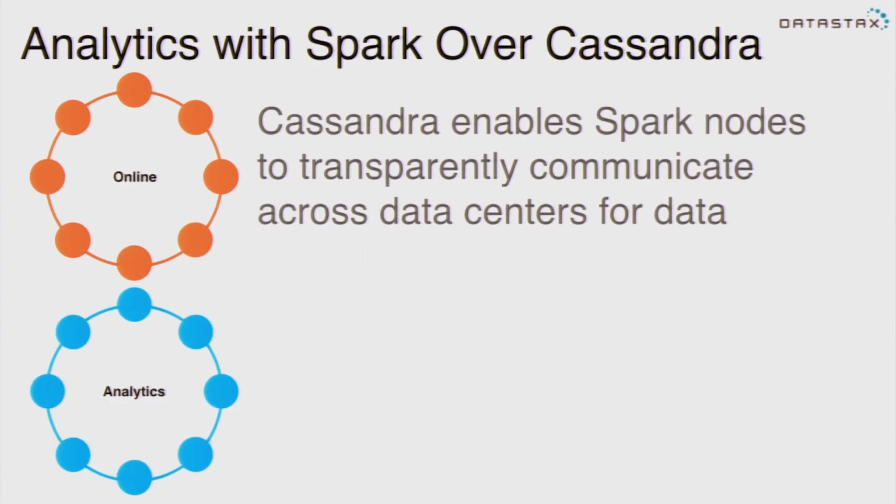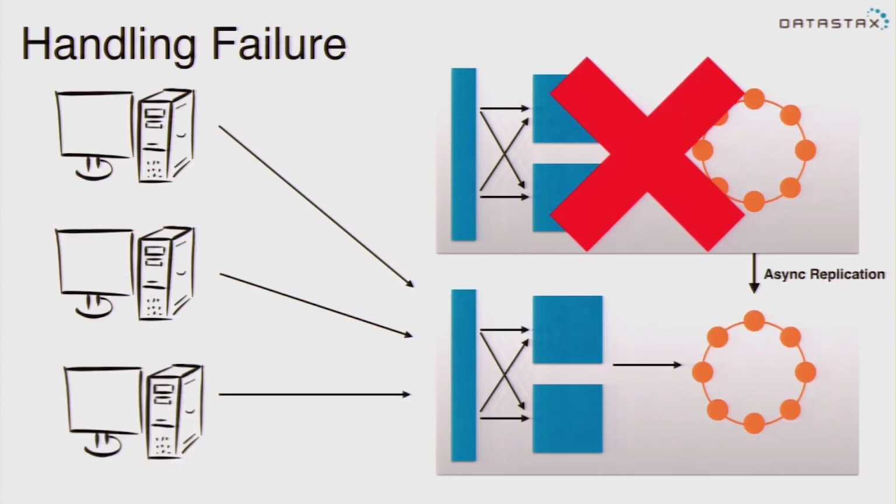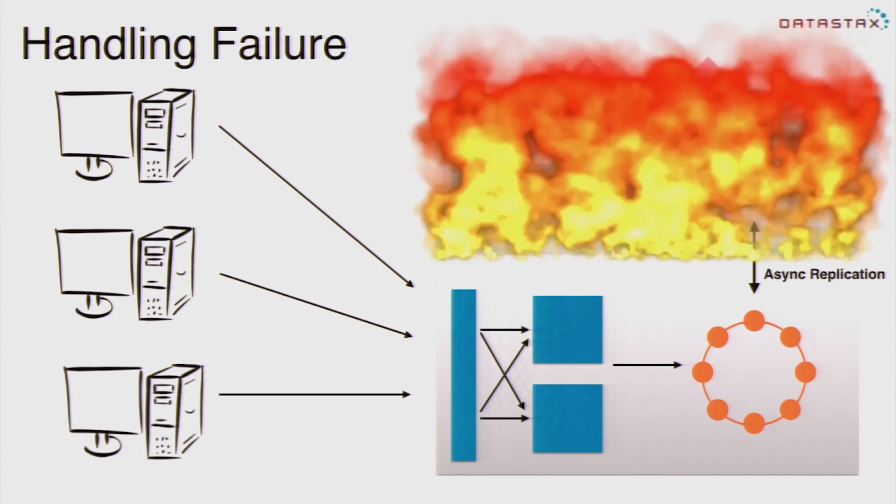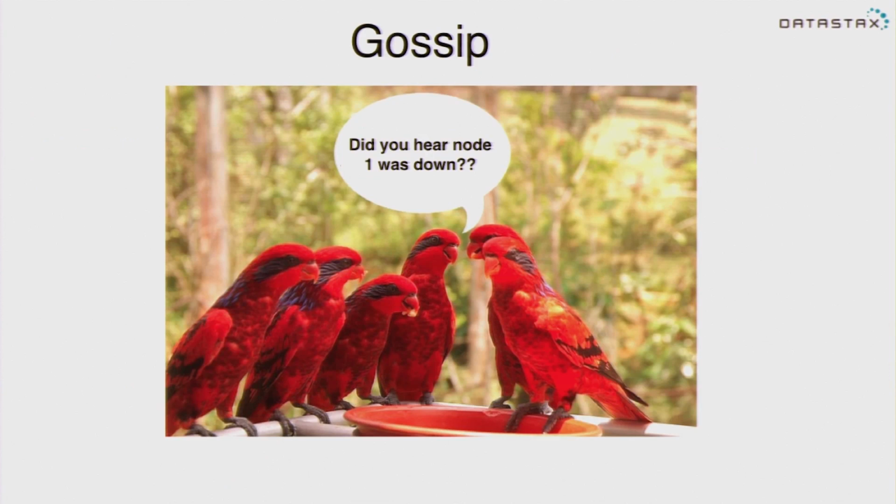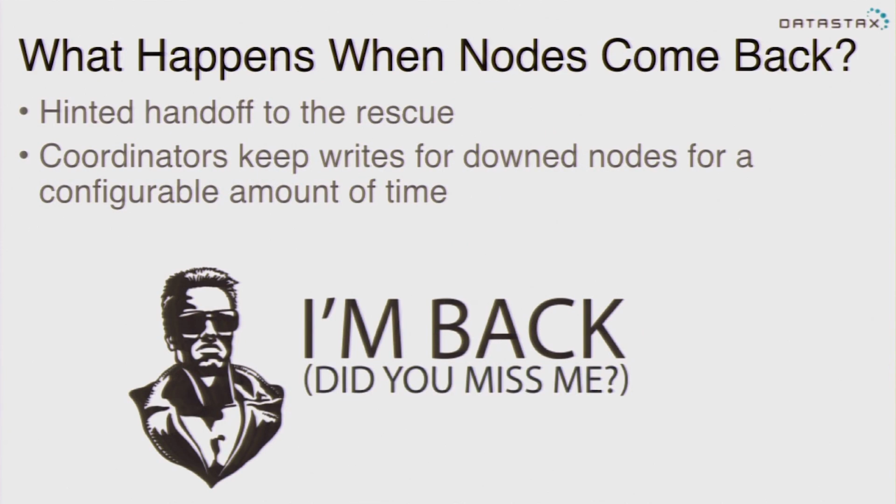Using Spark over Cassandra, there are a few ways that Cassandra actually enriches Spark, which is pretty cool. Cassandra enables Spark nodes to transparently communicate across data centers. Handling failures: if a node goes down, in the background everything is doing asynchronous replication, and when the node comes back, it uses things like hinted handoff.